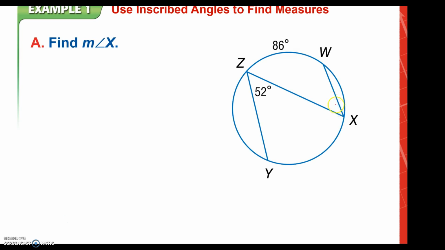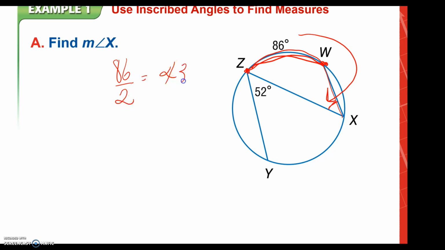So here, angle X, its intercepted arc, the sides meet at W and Z on the circle, so the intercepted arc is WZ. So X equals 86 divided by 2, which is 43.